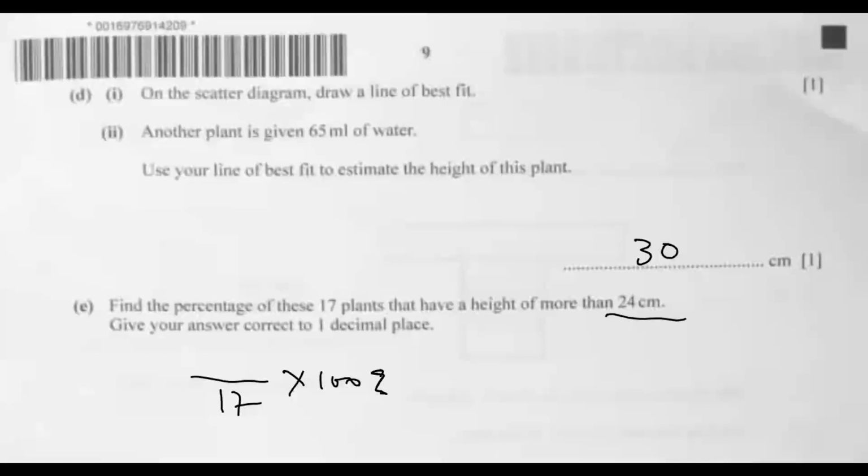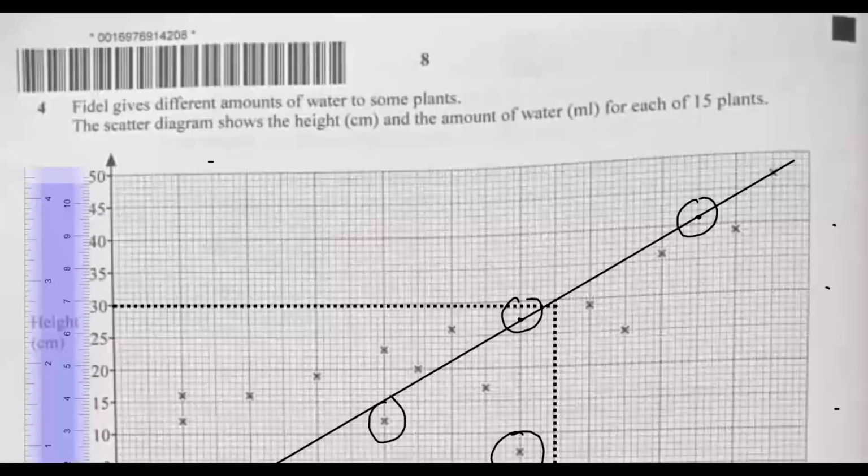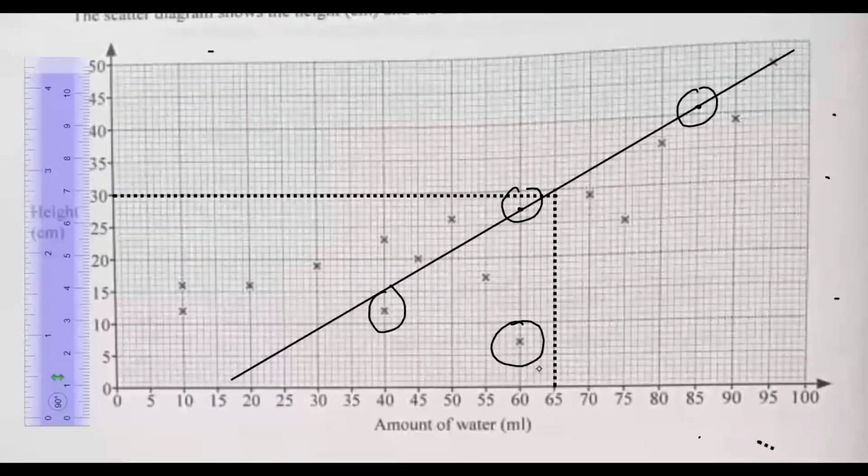So that will give us our answer. So let's go back to the grid again. So let's see the plants that have height more than 24. So we are going to have this 1, 2, 3, 4, 5, 6, 7, and 8.